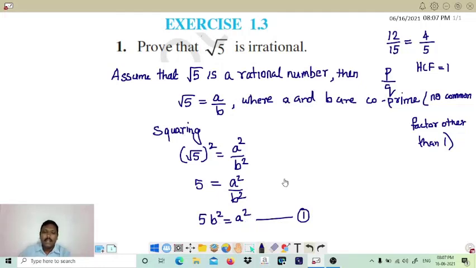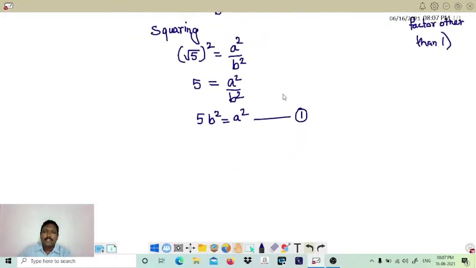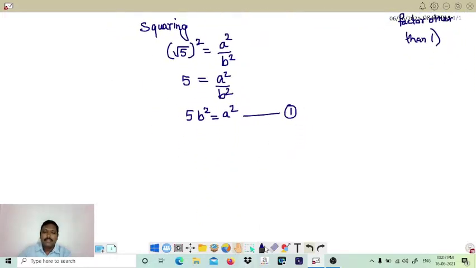Now 5b squared is equal to a squared means 5 is a factor of a squared, because 5 into some number is equal to a squared.